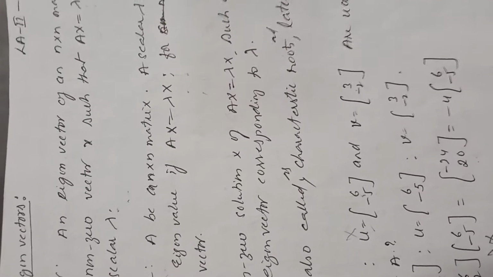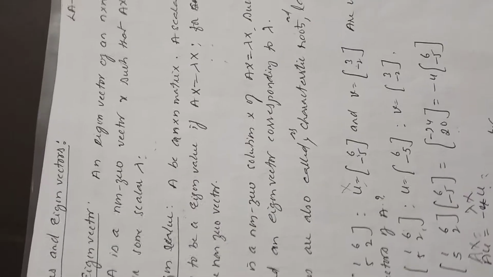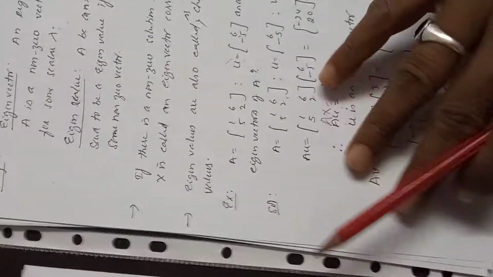If Ax is equal to lambda x, then this scalar is said to be an eigenvalue, and x is said to be an eigenvector. Eigenvalues are also called characteristic roots, latent values. Remember that one.